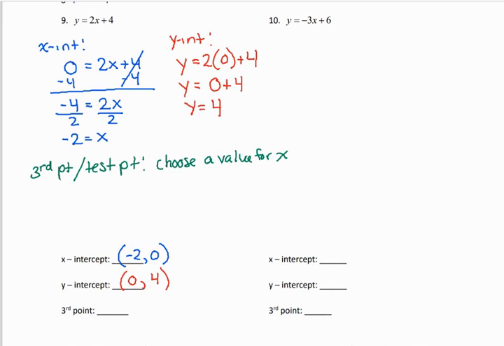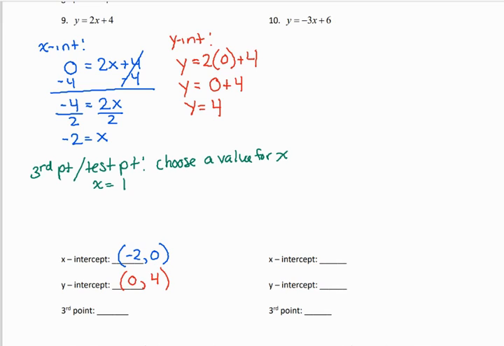Do you want to choose -37? No. Plugging in -37 and calculating with that isn't very fun. Pick something simple. For instance, x equals 1. I already used 0 for the y-intercept, so I'm not going to pick 0.